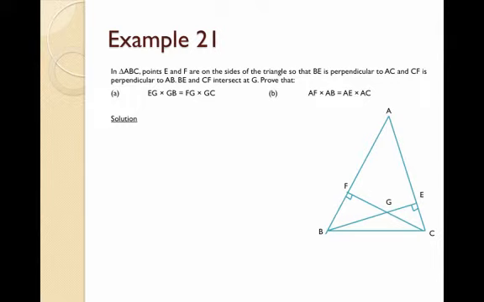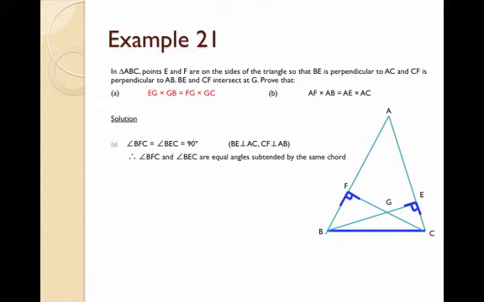Okay. Firstly, angle BFC, which is 90 degrees, is going to be equal to angle BEC, which is also 90 degrees. This is because BE is perpendicular to AC and CF is perpendicular to AB. What this means is that we've shown that two angles are equal to each other that are subtended by the same chord BC.